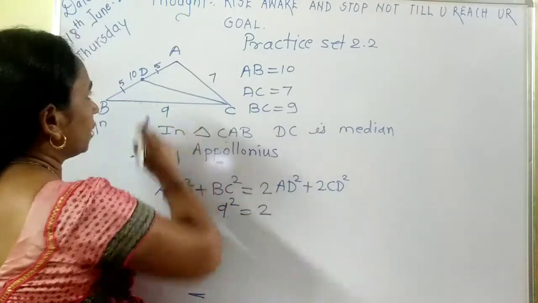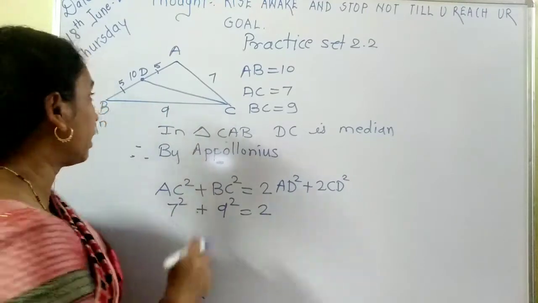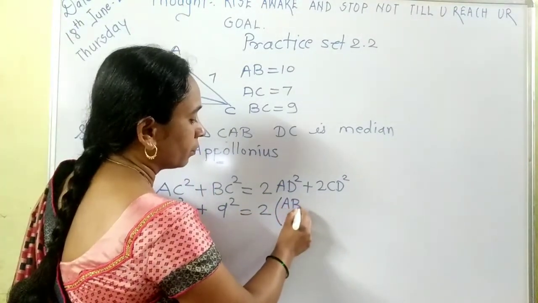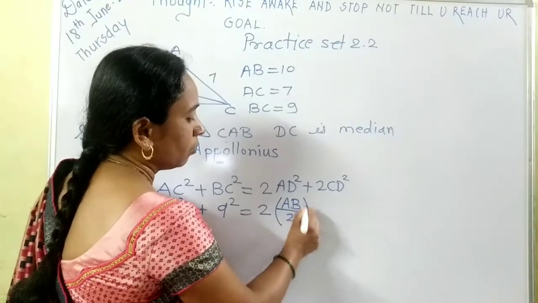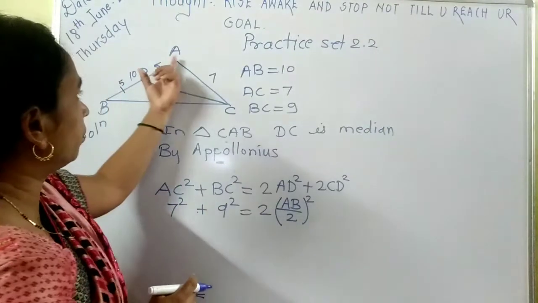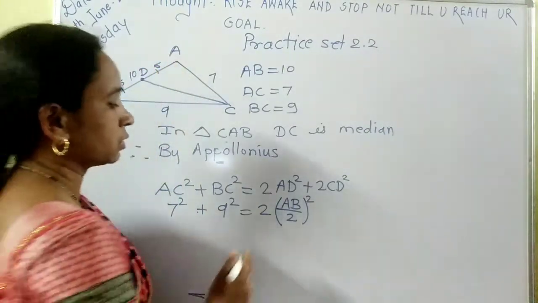AD's value. AD's value is not given directly, but AD is nothing but half of AB. Why half of AB? Because D is a median, so of course the AD part would be half of AB.